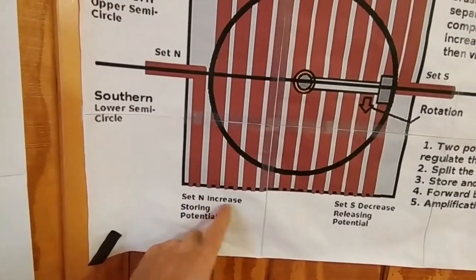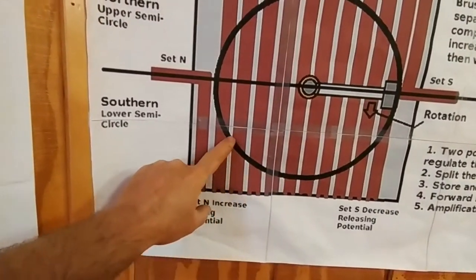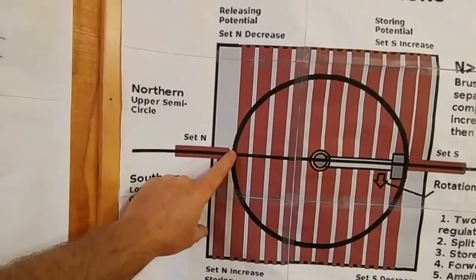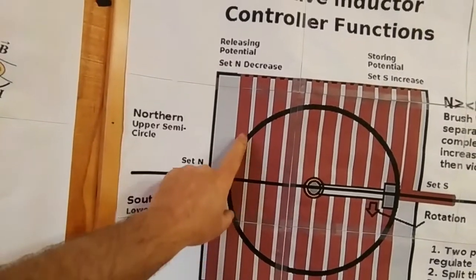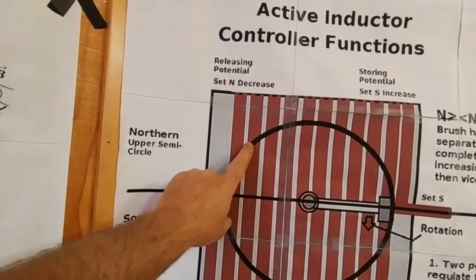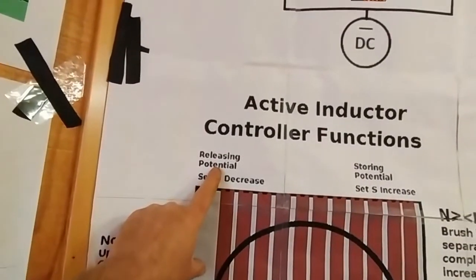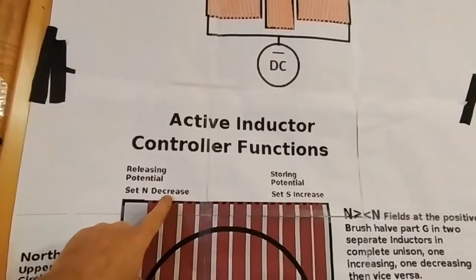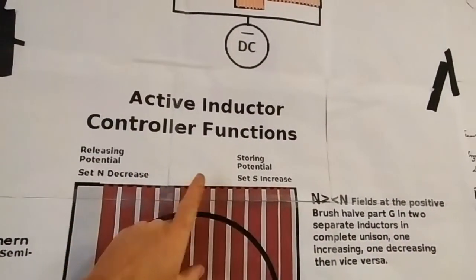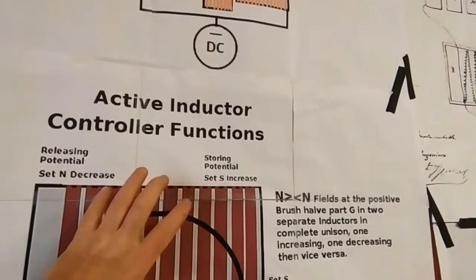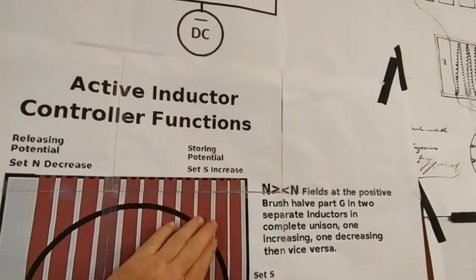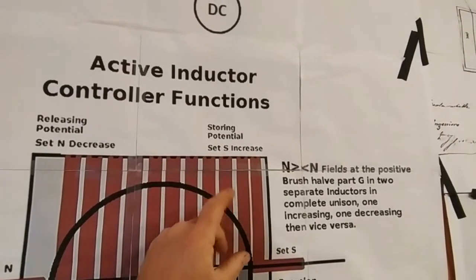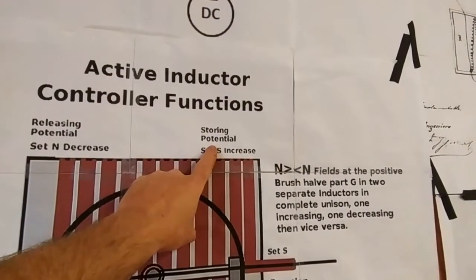Set N is increasing its current flow. It's storing into the magnetic field. So as we rise up to the northern upper semicircle, set N would be releasing its potential. Set N is decreasing, releasing that stored potential into the system, and set S is increasing in current flow because you're shrinking the circuit. It's storing into the magnetic field.